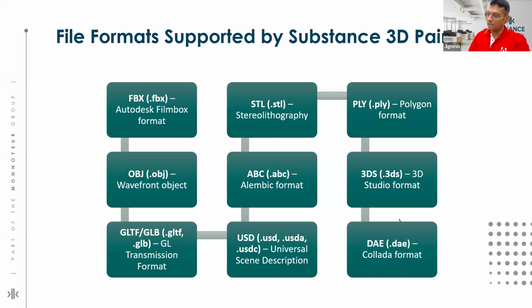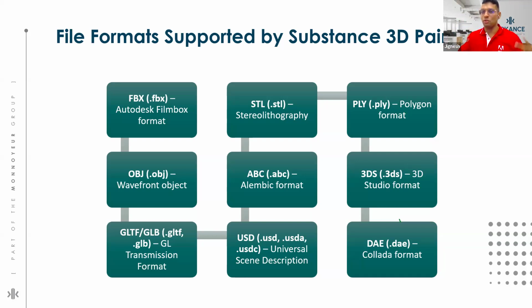Okay, so the Alembic format. Again, VFX people are using Alembic very well over here. USD is Universal Scene Description, which we can import and export in 3D Painter. USDs are very widely used in the VFX industry, but slowly and steadily, software like 3ds Max is adopting this format, and that's how you can get the entire scene in a very compact, or rather lighter, way.